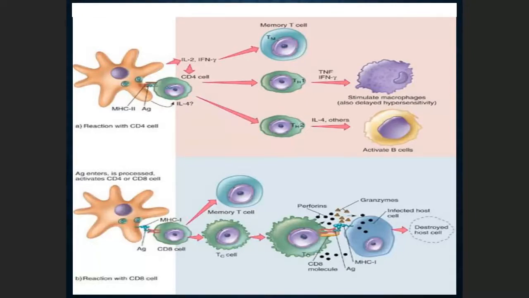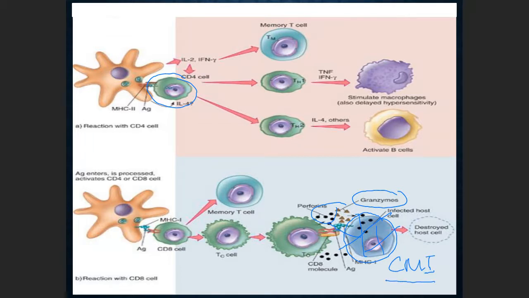Okay, so this is the TC, the cytotoxic T cell. Let's say our cell has the infection over here, then the TC will produce the toxin and enzyme. This toxin and enzyme then will enter into the infected cell and kill the infected cell. So this is what we call the CMI, cell-mediated immunity.